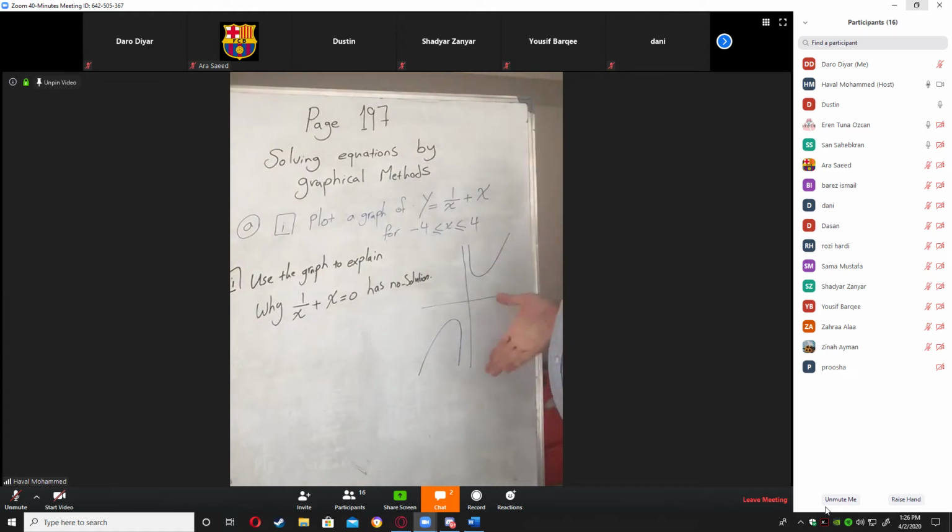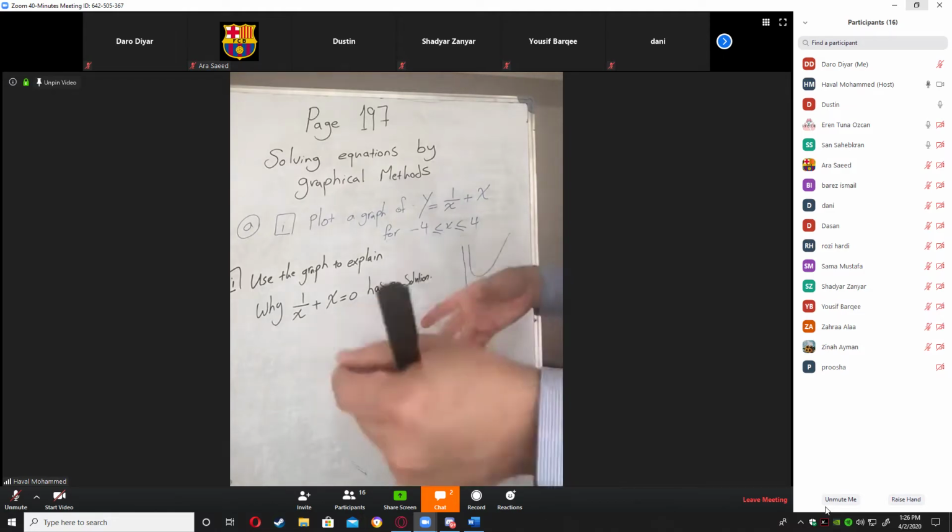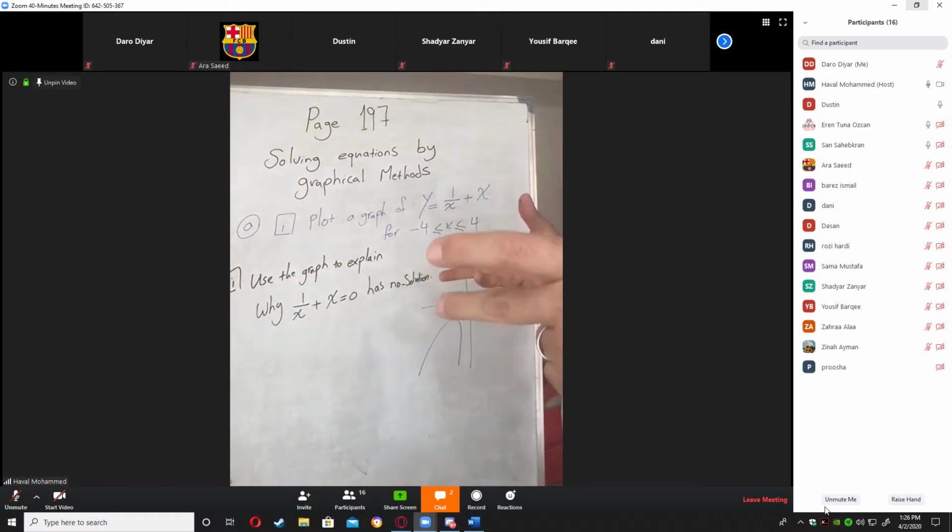If you were paying attention, straight away maybe your brain will tell you. In the first example, I explained that if the graph goes through the x-axis, then that point will be the solution. But when I check here, is it going through the x-axis?